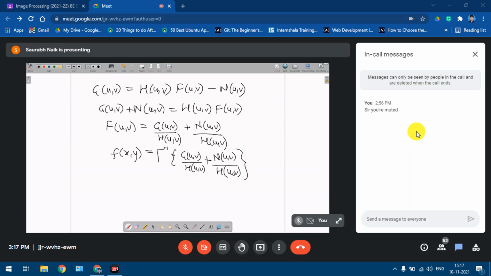Now, the problem with inverse filtering is that if this noise is very strong, then it becomes a very big problem to approximate this image.